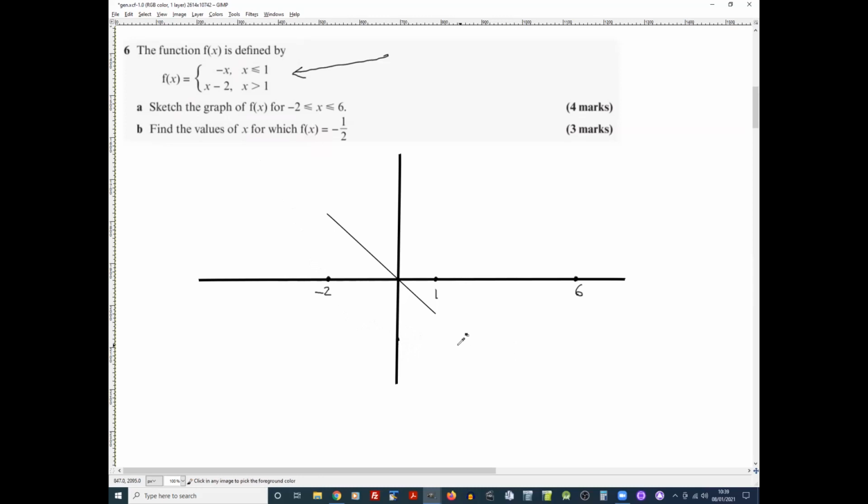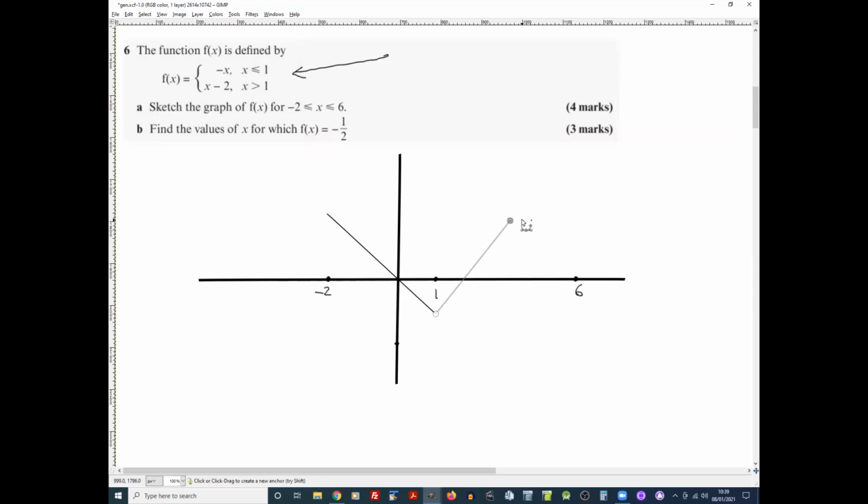Since the gradient is 1, it's going to go through -2 on the y-axis, with the same gradient. Because it's only starting there, but as you say, it's got the same gradient. I think it's at right angles, isn't it? Those are perpendicular gradients, 1 and -1.